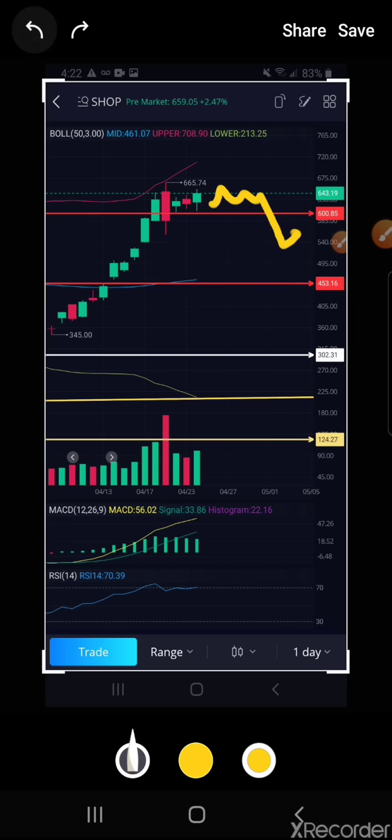But what you also need to look for is other support and resistance areas. Now, it's very difficult to see any extra on here, but that middle band is 461, and you can kind of assume it can do just like that. So you're looking at 500 being pretty much a huge support area as well.